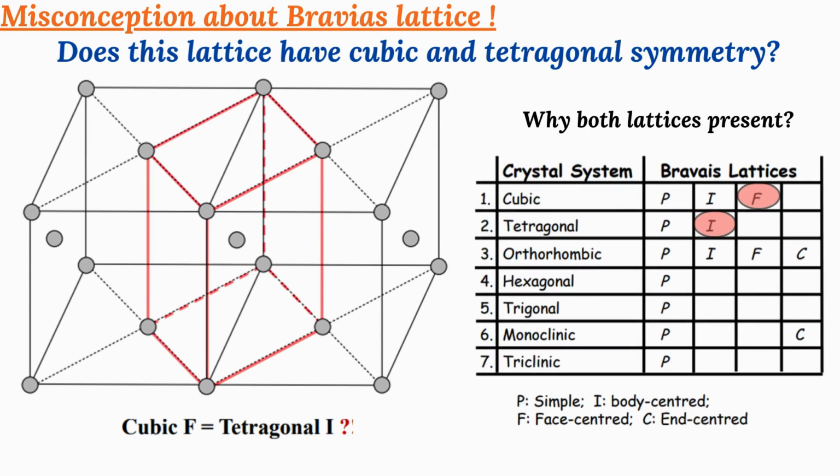This is the reason why both are present. Similarly, this explanation is valid for all the empty boxes. You can check by making different lattices. You can verify whether the defining symmetry is present in the lattice or not. If it is not present, then it is not part of that particular crystal system. So this is what one should understand about why there are empty boxes.